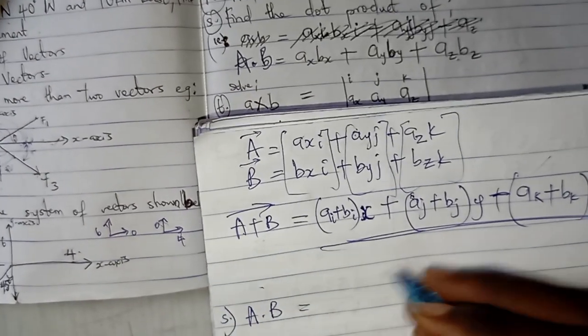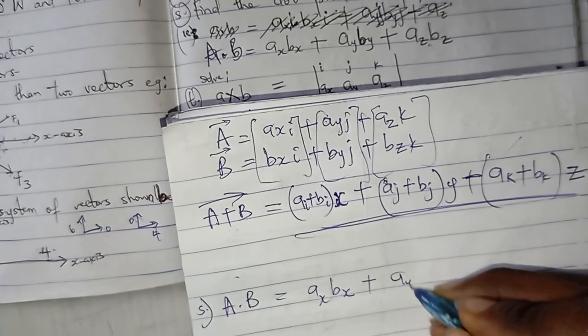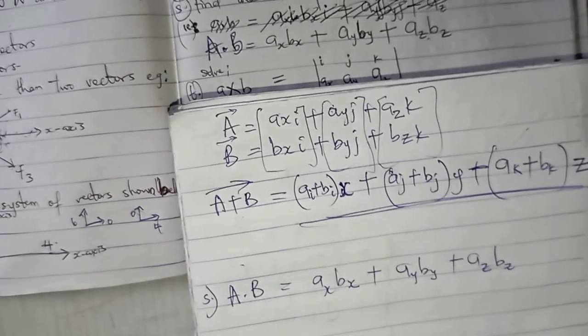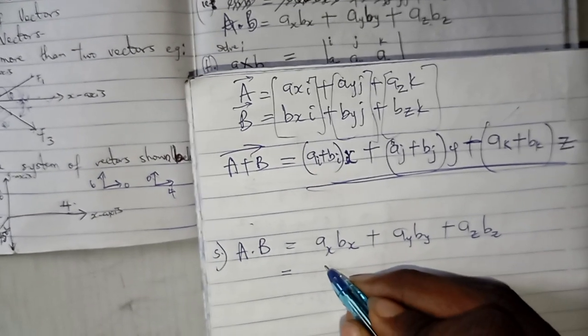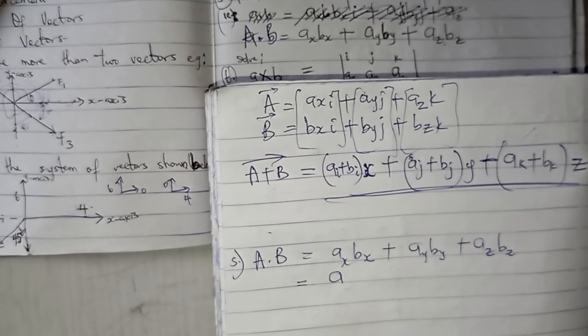A dot B is equal to, let me write it, AXBX plus AYBY plus AZBZ. This is going to be the sentence saying bring A here.